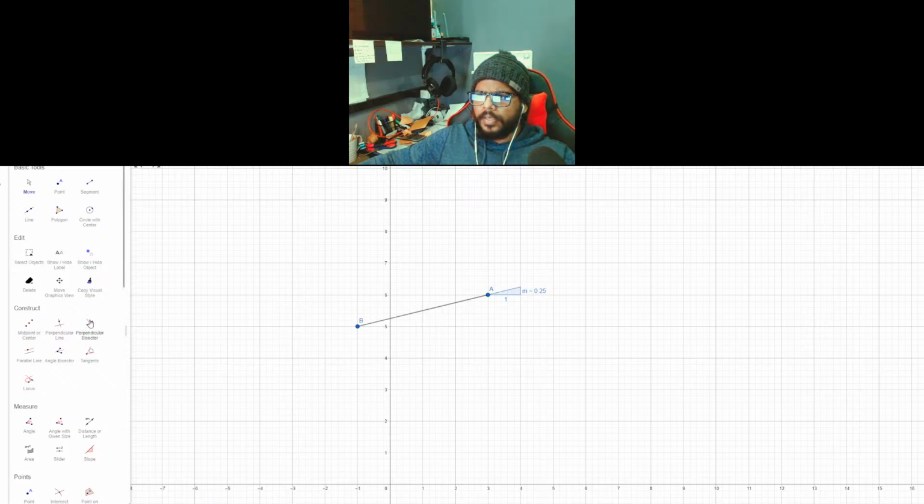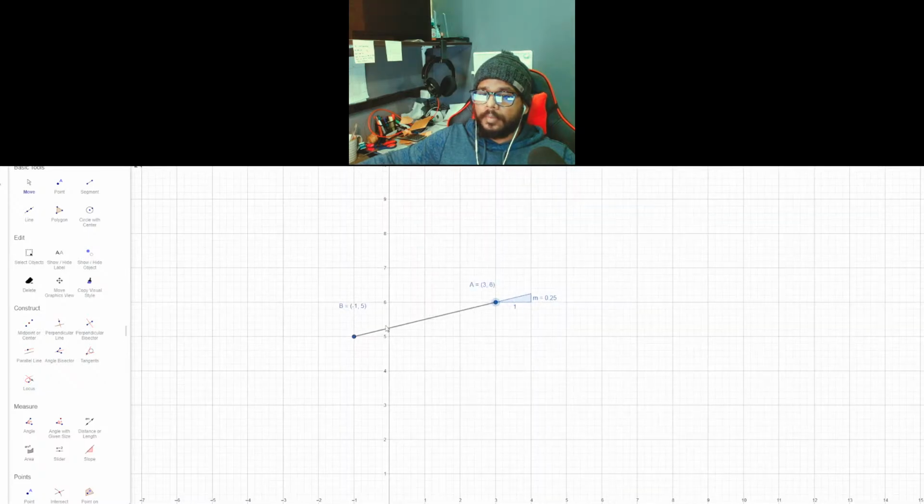Now, how do I calculate the gradient of a line in terms of doing a calculation? It's very, very easy. I will reiterate the point that any point consists of 2 coordinates, an x coordinate and a y coordinate. So for example, the point A has an x coordinate of 3 and a y coordinate of 6.